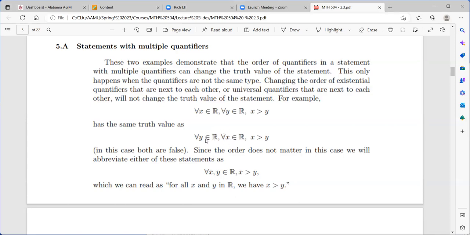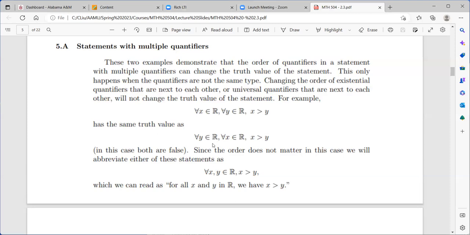The order is not really important, because they're arbitrarily chosen. That's still false. For arbitrary real numbers y and x, x is always greater than y. That's false, of course.